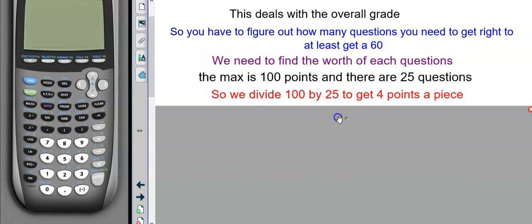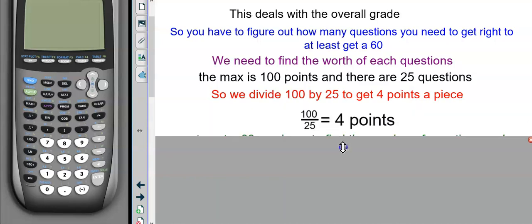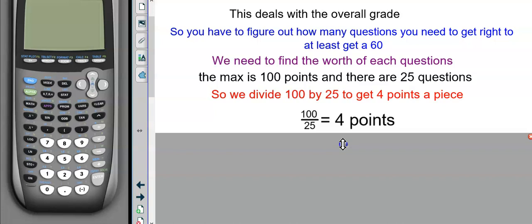So if we divide 100 by 25, we get 4 points apiece. 4 quarters is $1. So we know there's 4 points apiece.